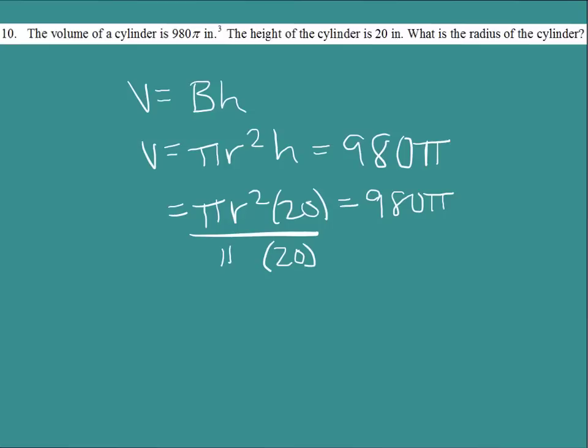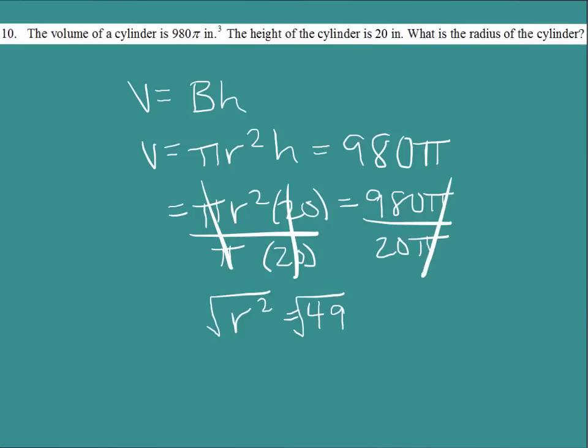That means I'm going to have to divide by 20 and pi on the right side. My pi's go away, and then I need to do 980 divided by 20. I get r squared equals 49. Well, now that's r squared. I don't want r squared, I want r. So I have to take the square root of both sides, leaving me with that my radius is 7 inches.